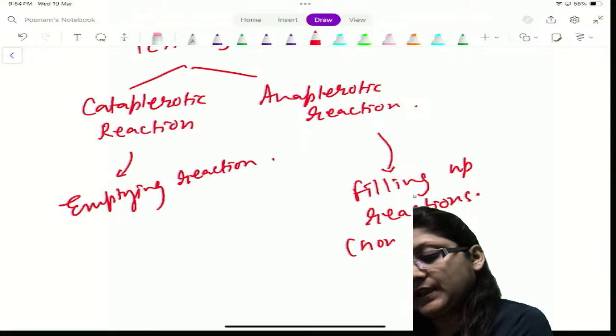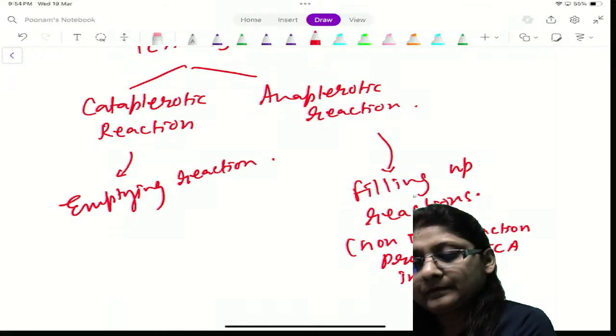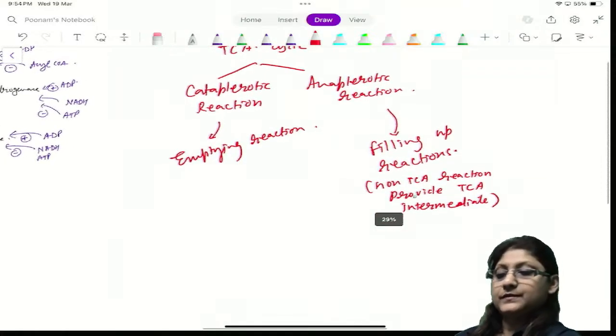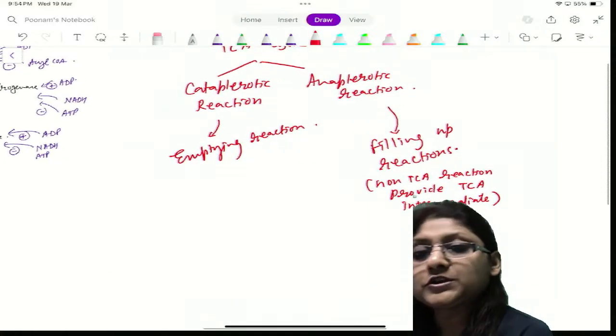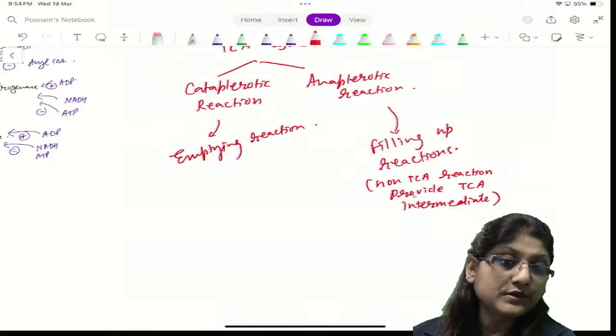So non-TCA reactions provide TCA intermediates in anaplerotic reactions. So filling up reactions are anaplerotic reactions, where non-TCA cycle reactions are going to provide you TCA intermediates.